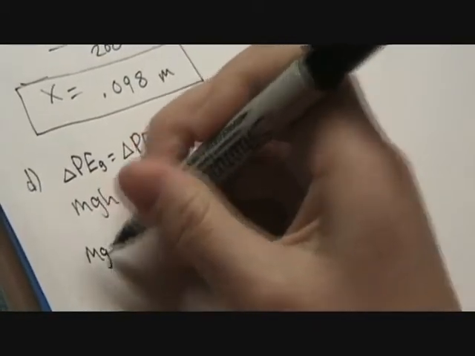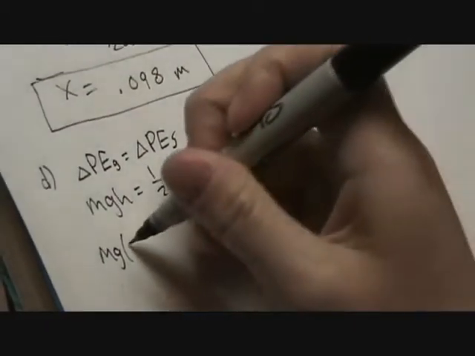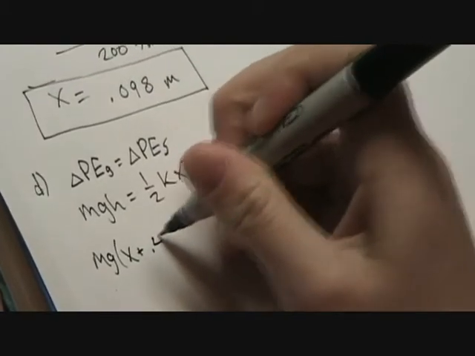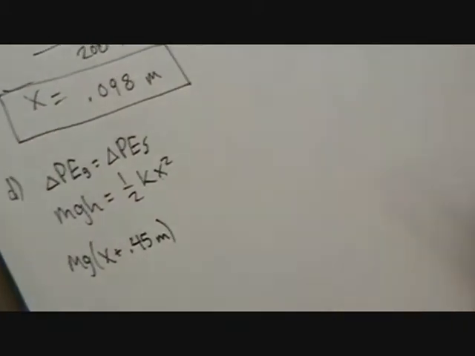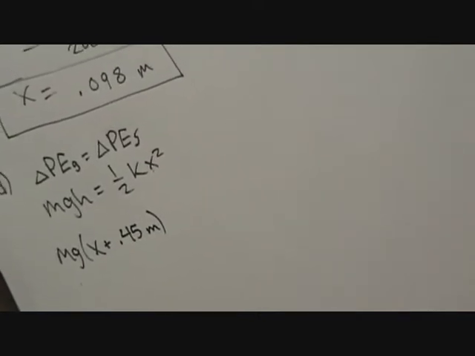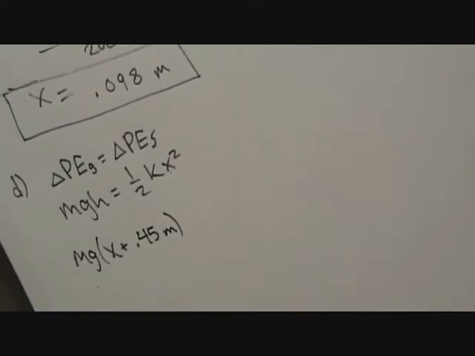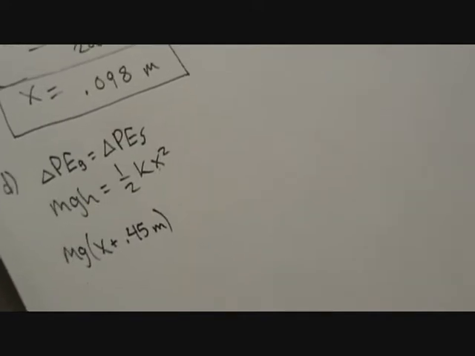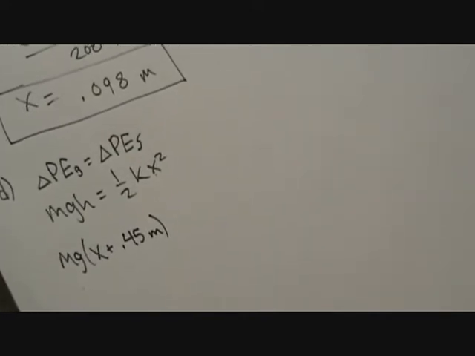So we do mg and substitute in for h, x plus 0.45 meters, and 0.45 meters is the distance between where the block started and where the spring started. And then x is the rest of the distance that we're trying to solve for, the maximum compression.